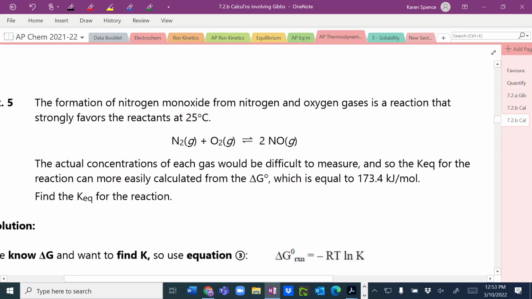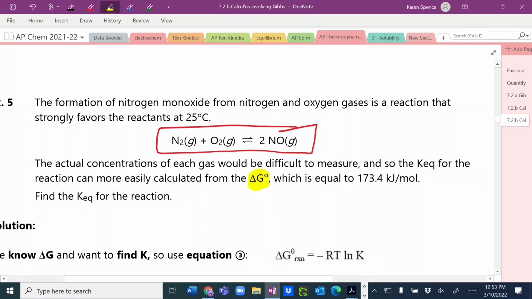All right, we now are going to do the reverse process. We have a reaction here, and we are told that our delta G value is 173.4 kilojoules per mole, and we need to find KEQ.